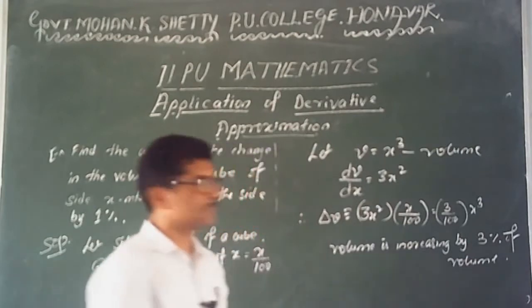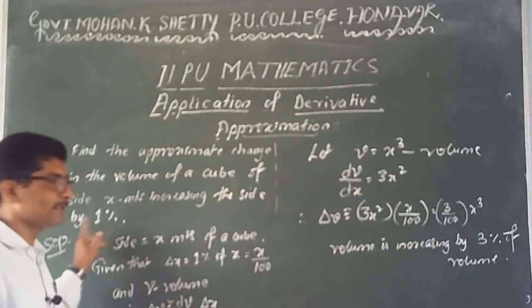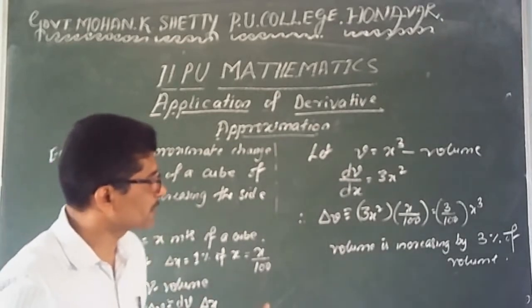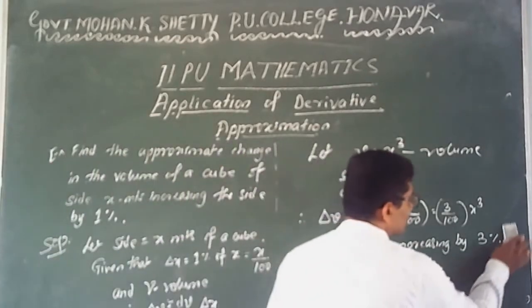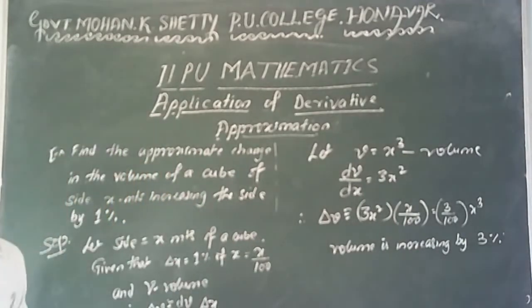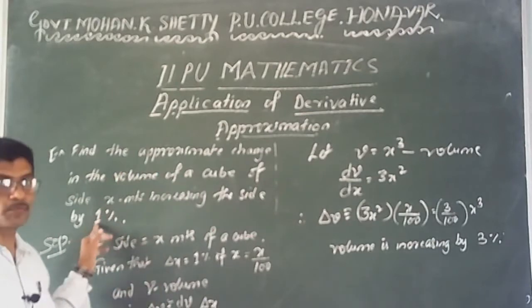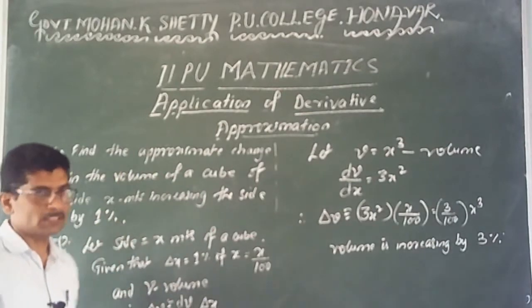Volume is increased by 3% of volume. Your side is increasing by 1%, so the volume is increased by 3%. That one is asked in CET with 1%. Another time they just change it to 2%.